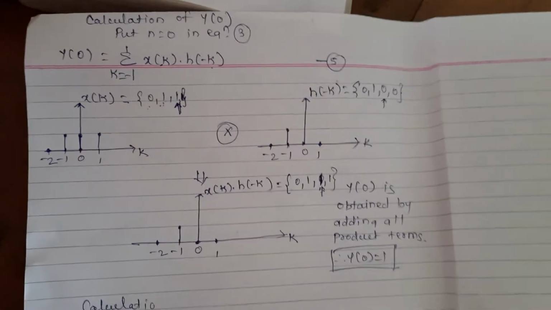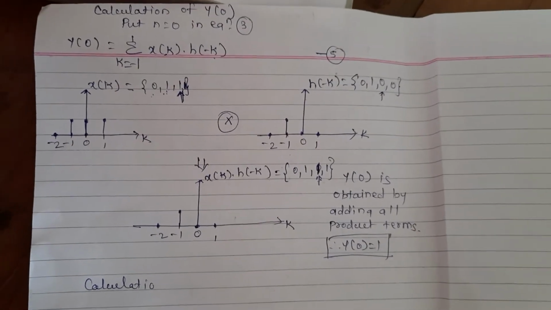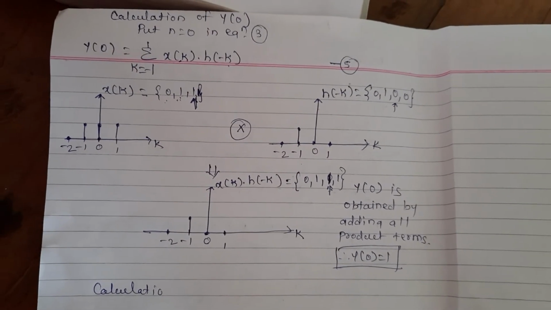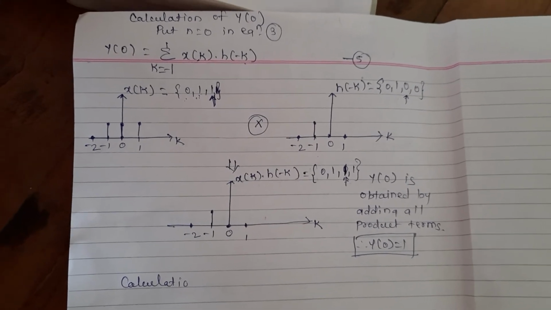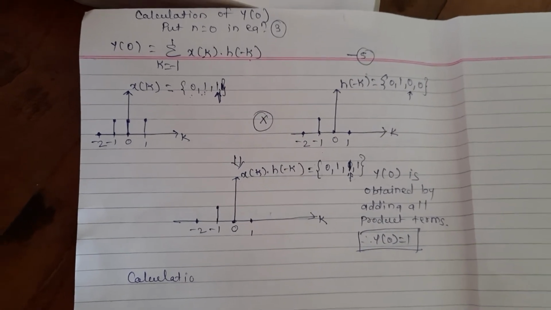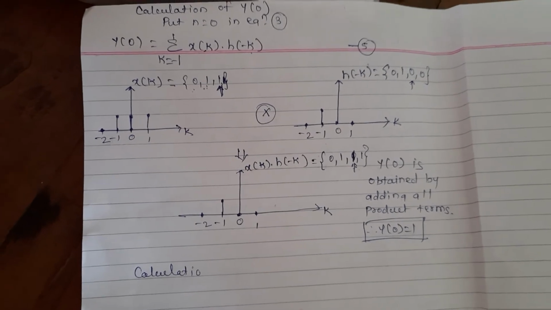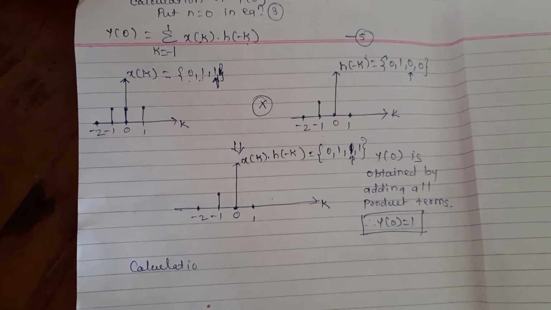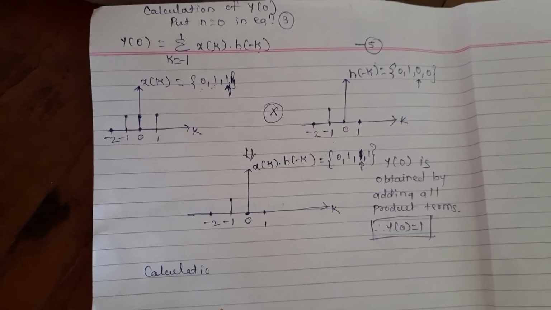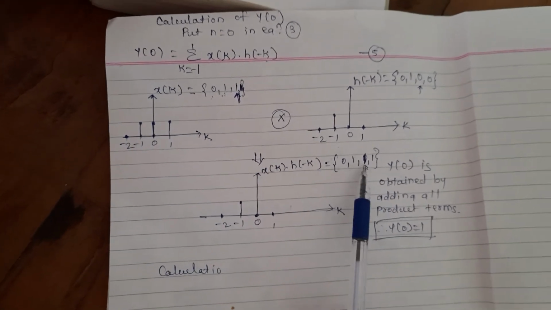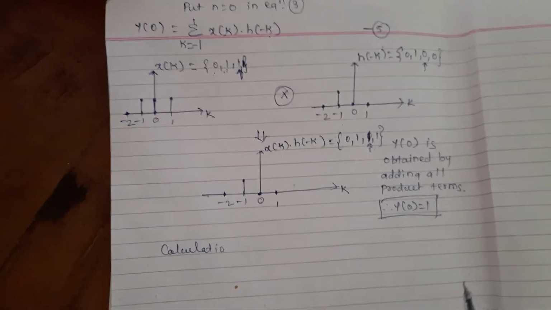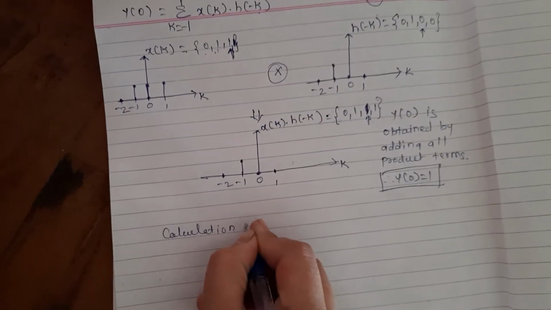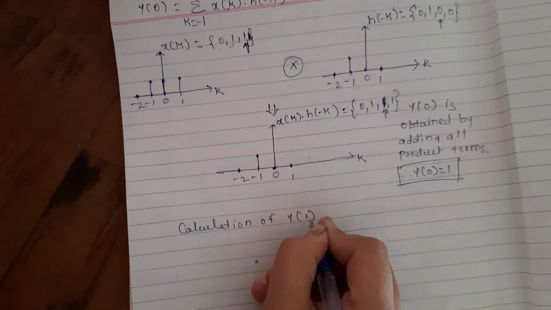This is a calculation of the y of 0, and these are the diagrams for x of k and h of minus k, multiplication of x of k and h of minus k. So here we have to find the value of y of 0. So y of 0 is obtained by adding all the product terms. So y of 0 is equal to 1.